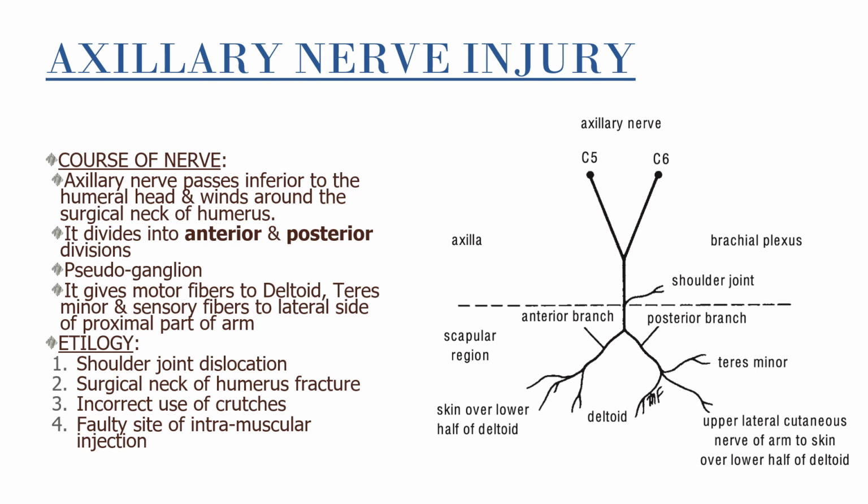The injury to axillary nerve may occur in cases with inferior dislocation of the shoulder joint, in cases with fracture of surgical neck of the humerus, or in cases with incorrect use of crutches, which is rare but yet possible, and in cases with faulty technique used to give intramuscular injection in deltoid region.